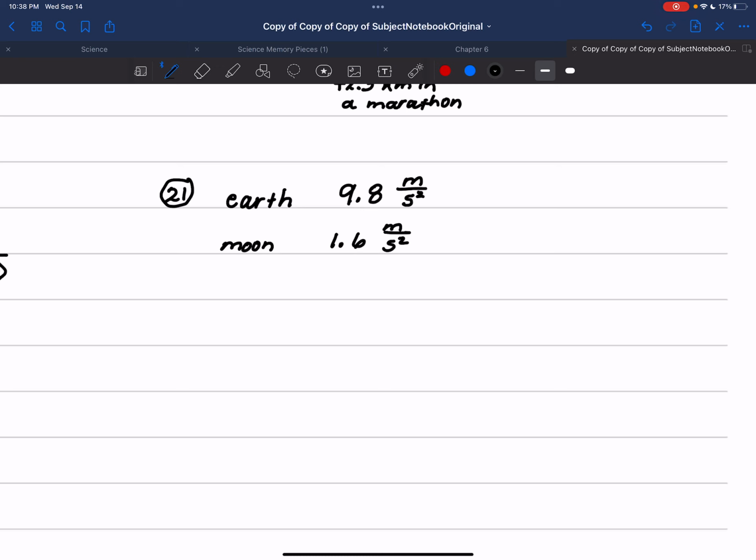If someone weighs 180 pounds on the Earth, what is the weight on the moon? So here's what we're trying to find. Now, does this help?